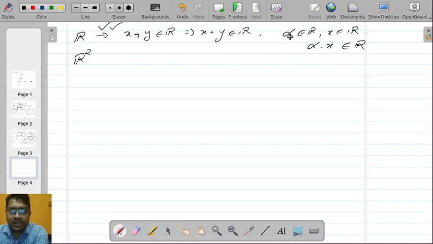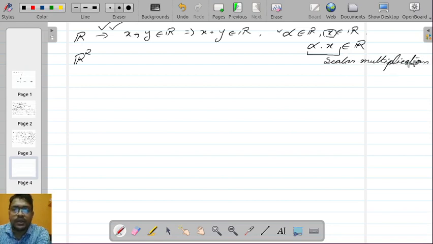It's a real number actually. So for the set of real numbers, this scalar alpha and this vector x are the same thing. So alpha into x is always in R. This product will be called scalar multiplication.